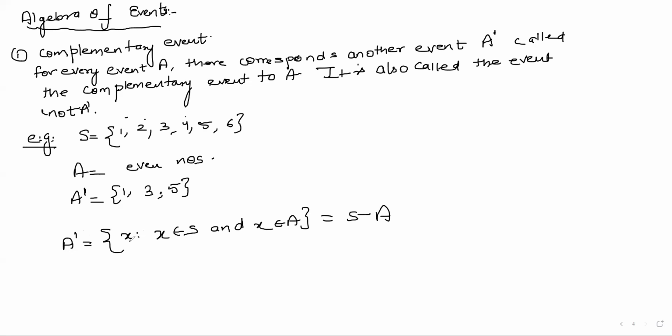X belongs to the sample space, and does not belong to A. As we have seen in this example, A was the even numbers. When we need to find the complementary of that, we remove A from the sample space. Please note down this, confirm, then we will start the next one.